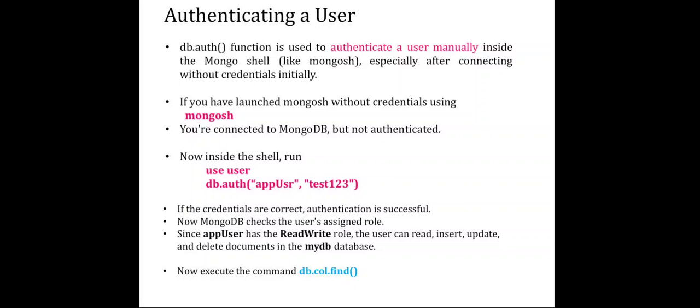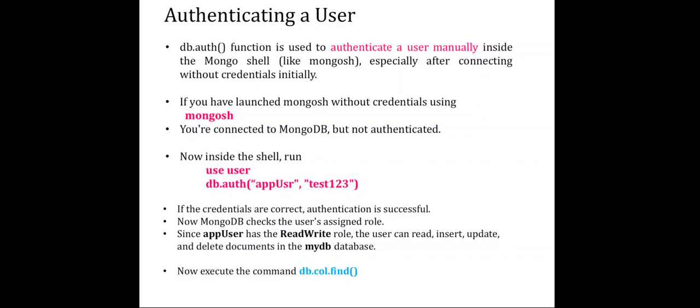For authentication, we have two options. One is the db.auth method. We switch to the database, and then provide the method db.auth. Inside that, first give the username followed by the password. This will authenticate the user.